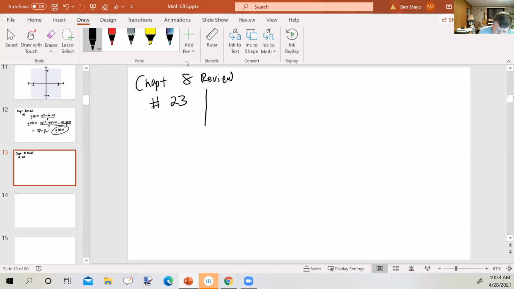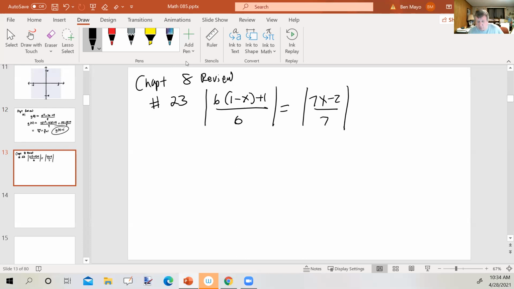And we have 6 times the quantity 1 minus x plus 1 all over 6 equals the absolute value of 7x minus 2 all over 7. Okay, so we have an equation with 2 terms, both of which are absolute values. We want them separated, one on each side of the equal sign. That's already done. The first thing I'm going to do is simplify inside the left-hand absolute value bars.